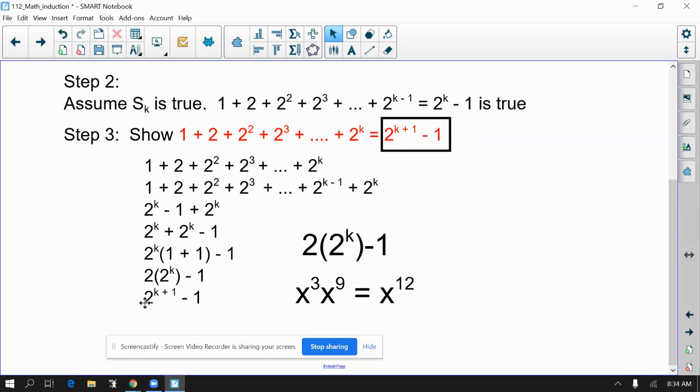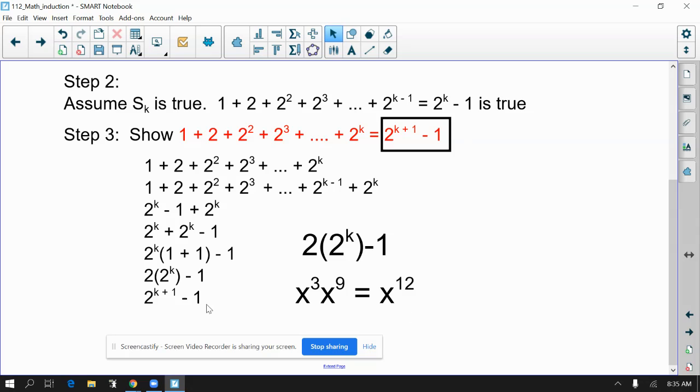A lot of students want to write down 4 to the k plus 1, but that's not true. I appreciate you want to multiply, but realize that when you're adding the exponents, you are multiplying. Like this is x to the third, that means x times x times x. If we make it x to the 12th, you're just multiplying x 9 more times.